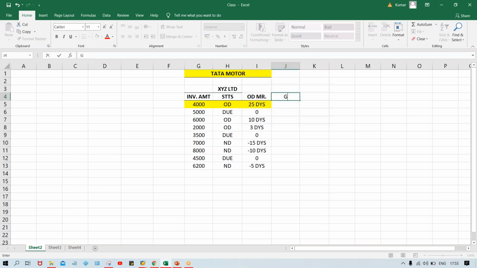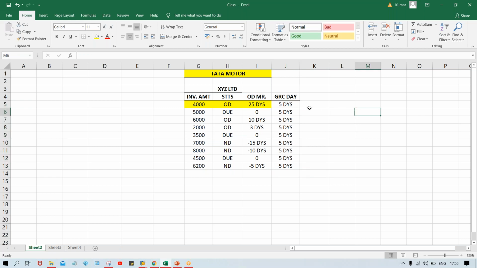There is one more scenario, grace day. Grace day means we have given a certain grace period to the customer. We are saying that even if the invoice becomes due, still we are giving 5 more days additional from our side to the customer, that you have to make payment within these 5 days.